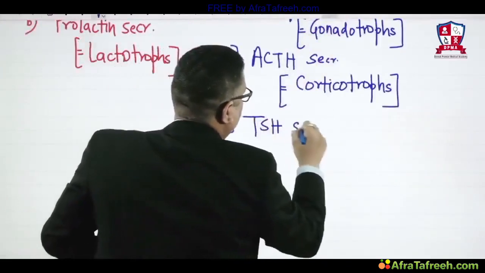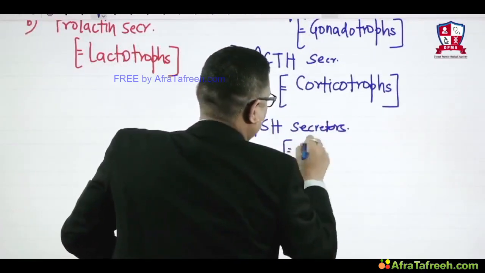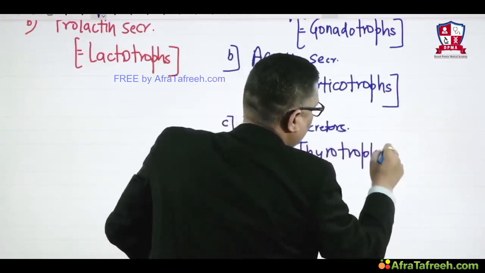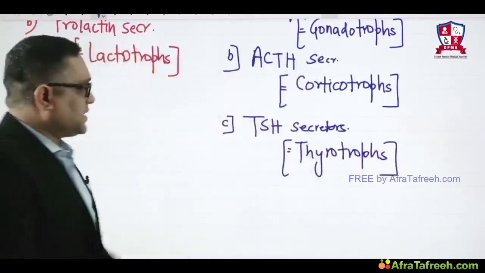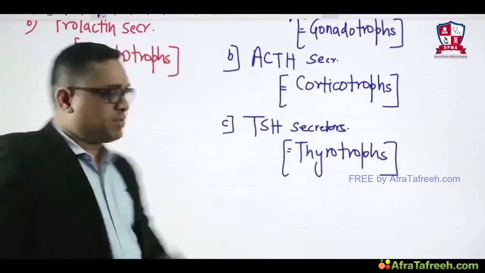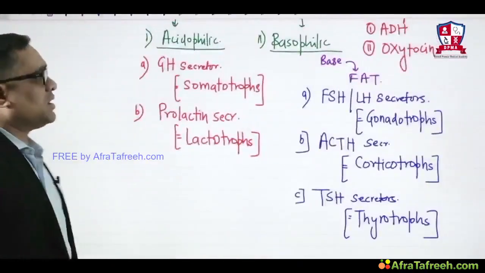TSH secretors are also known as thyrotrophs. As I said, these are the three types of basophilic cells in the anterior pituitary. So this is the simple basic introduction about the pituitary gland.